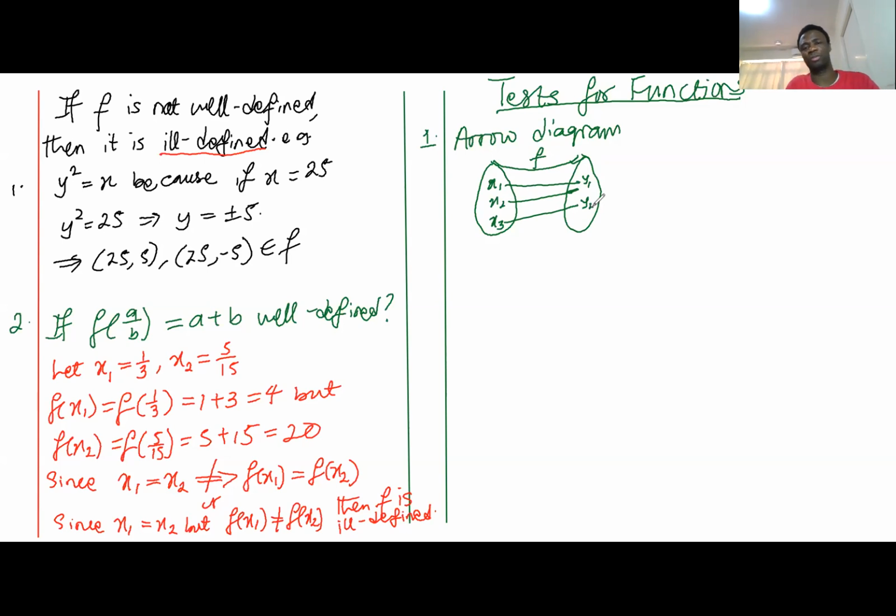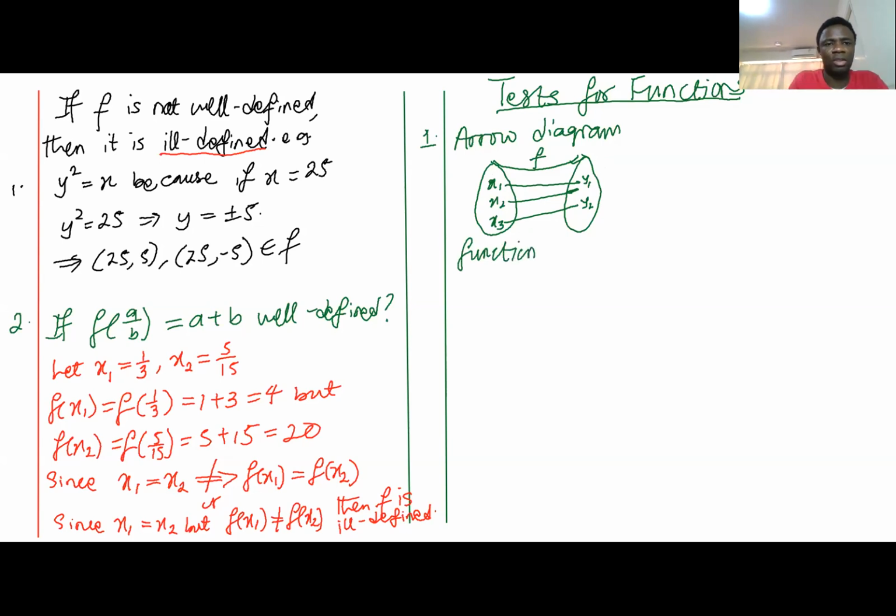Yes, this is a function. Everything is mapped here. And there is no different, can you say, well-defined? Can you say, if my x's are the same, for x1, for example, is not linked to two different of this. So this is a function, okay? So this is a function because it is well-defined.